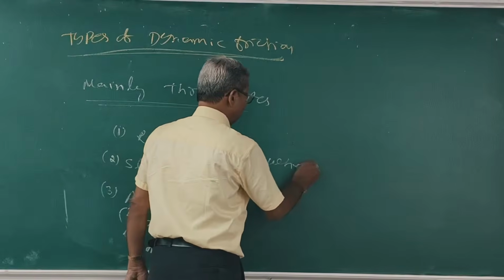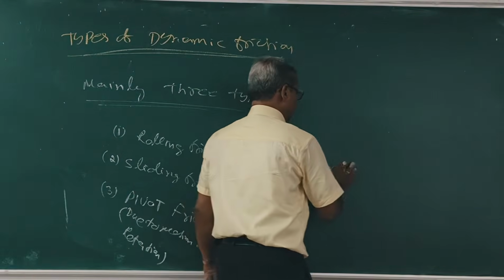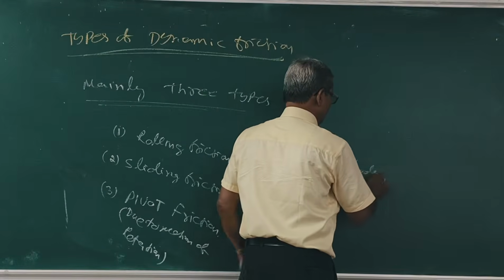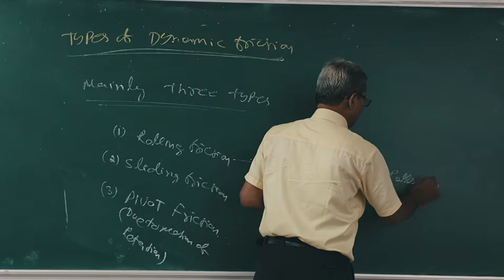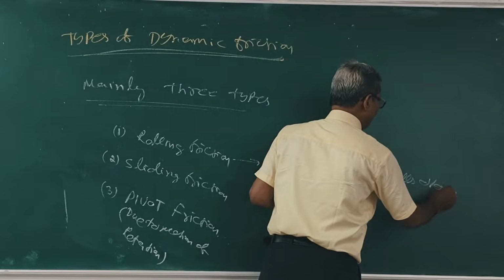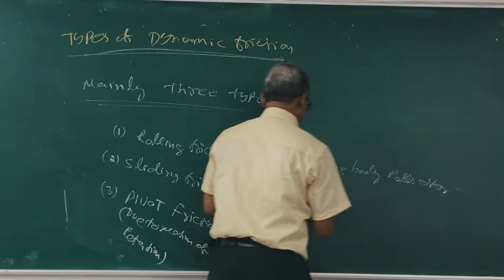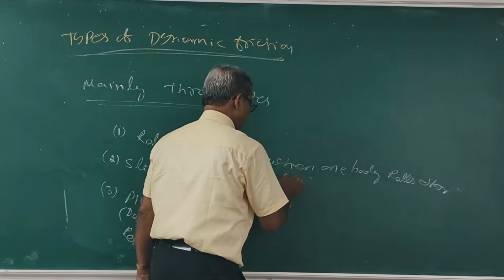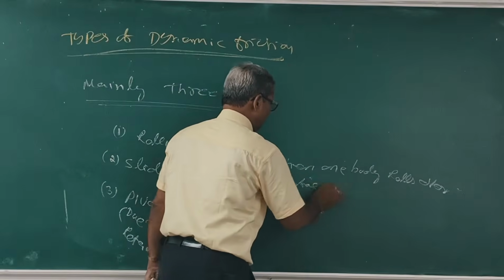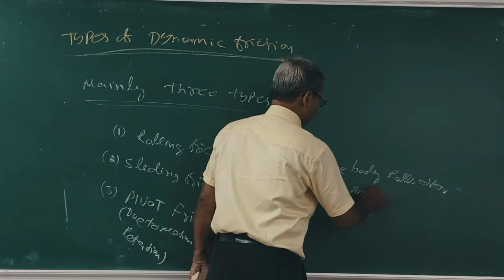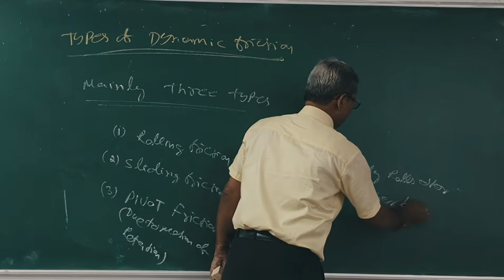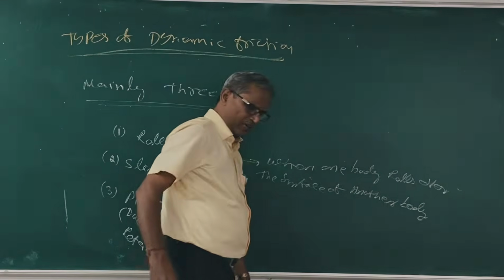This is when one body rolls over the surface of another body. Clear?